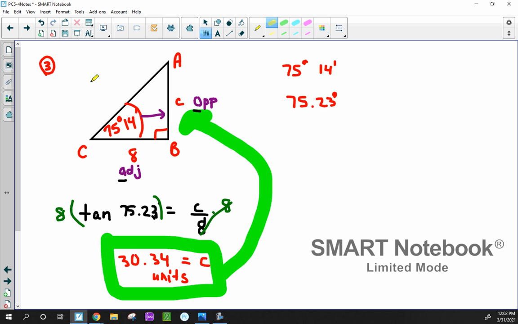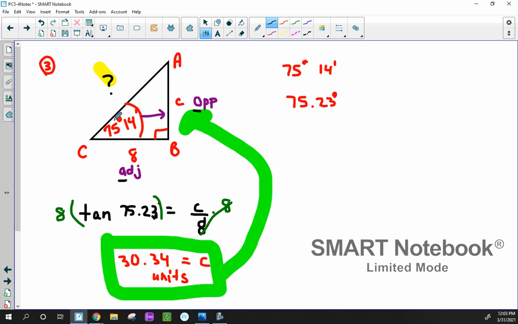Now, if I were asked to figure out what the hypotenuse is, I would either have to substitute this in for C and maybe use the Pythagorean theorem. That's an option you have. But that answer might be a little bit off because, again, I've rounded it.